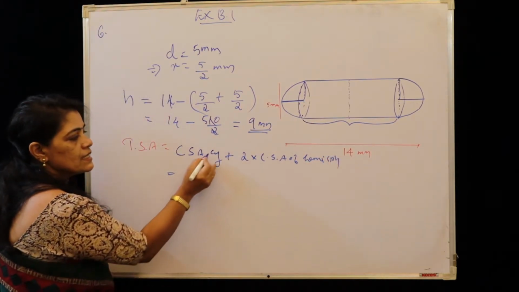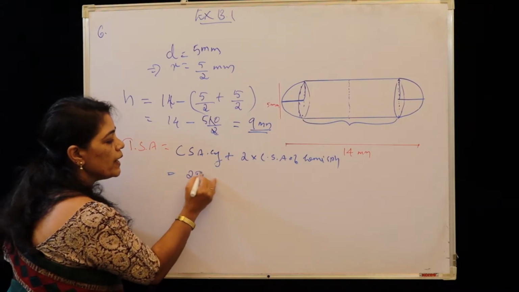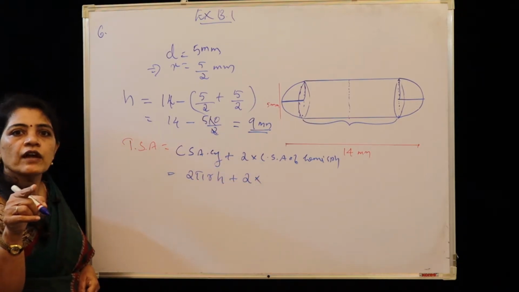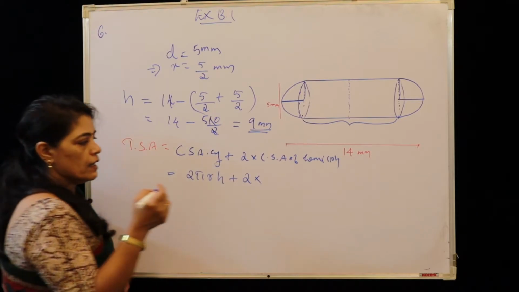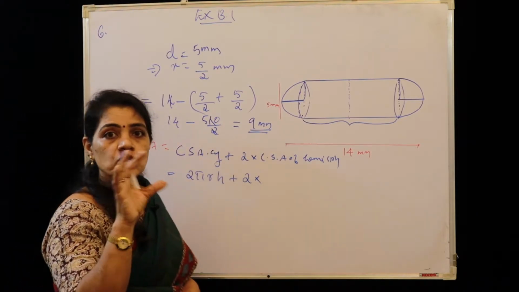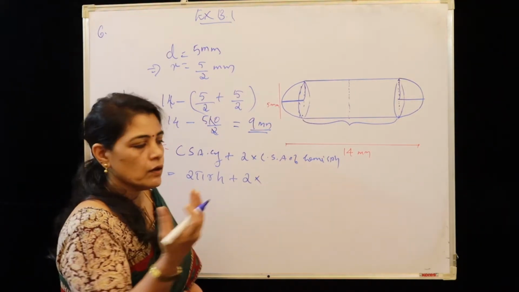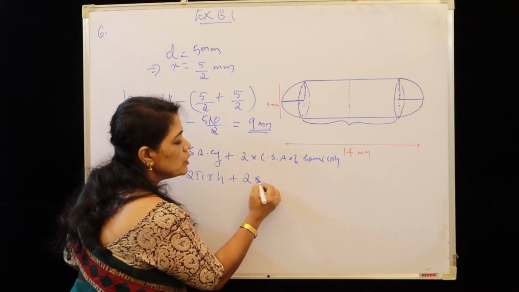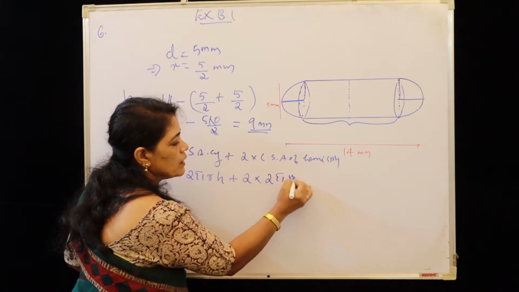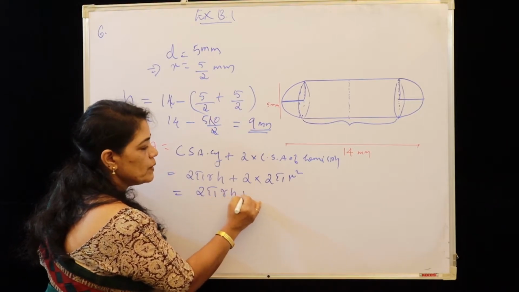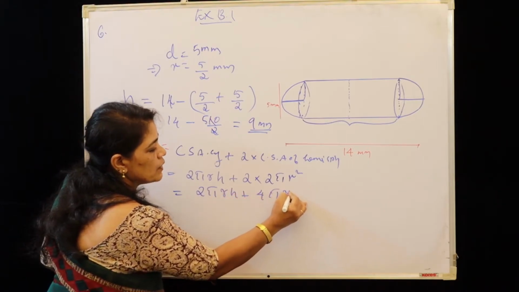CSA of cylinder means 2 pi rh, plus 2 into CSA of hemisphere, that is 2 pi r square. You can also take 2 hemispheres as 1 sphere, that is 4 pi r square, or this also, no problem, 2 into 2 pi r square. That means 2 pi rh plus 4 pi r square.